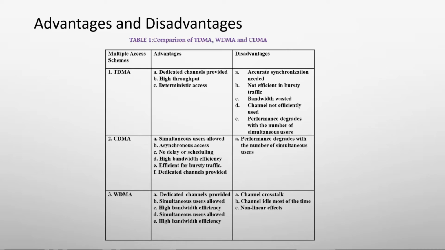WDMA uses wavelength for data transmission, but the problem with WDMA is it has channel crosstalk, and the system is expensive due to using optical laser sources for transmission. OCDMA uses code to transmit data. By using code, it can be sent at any time without a collision.